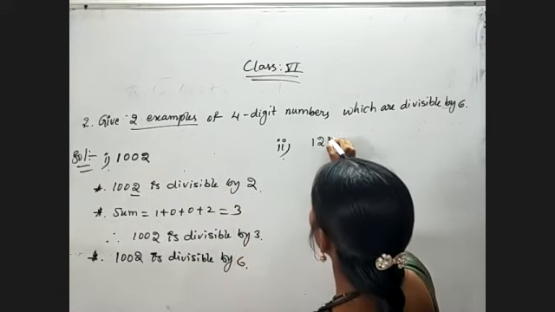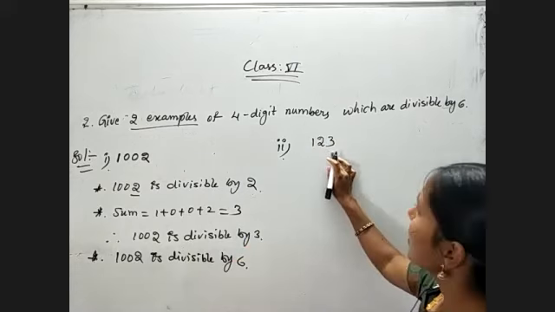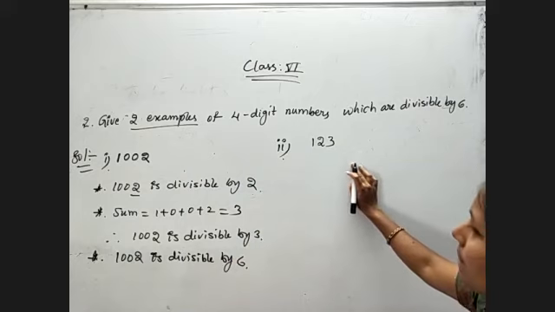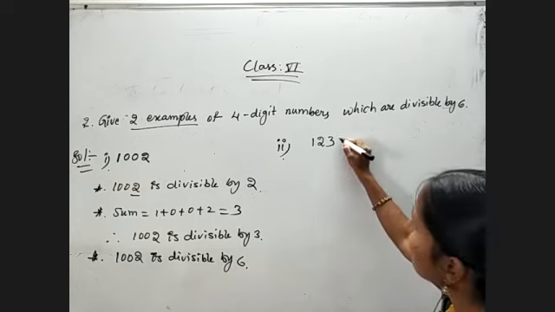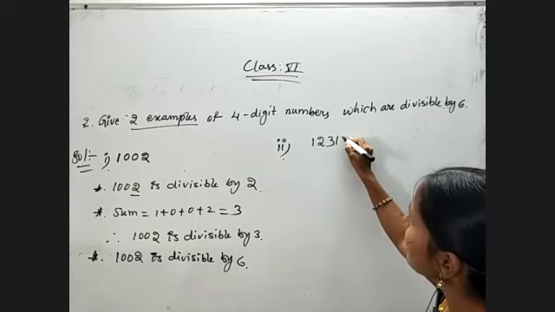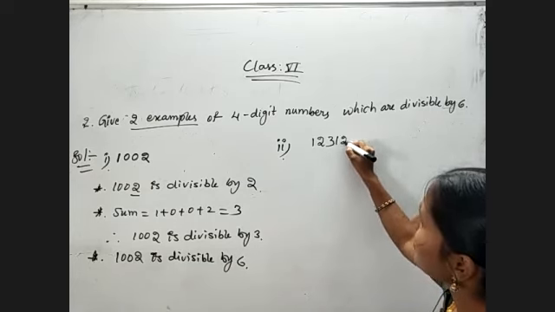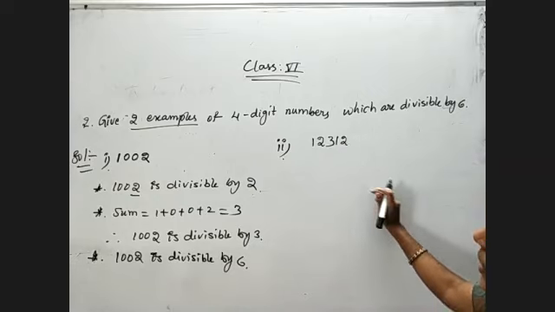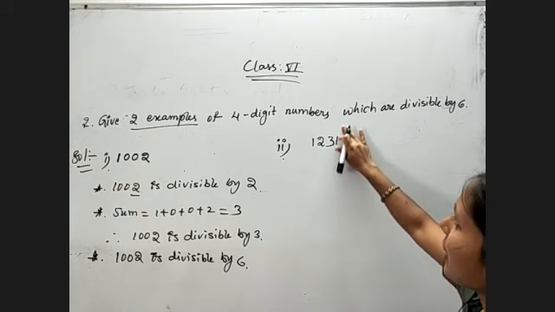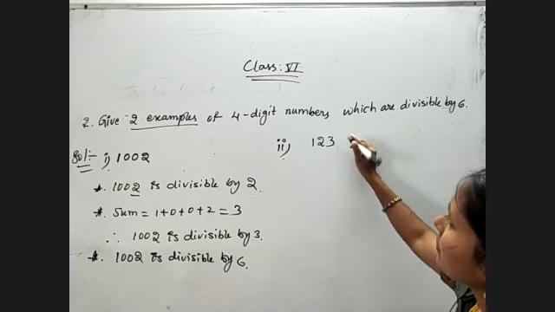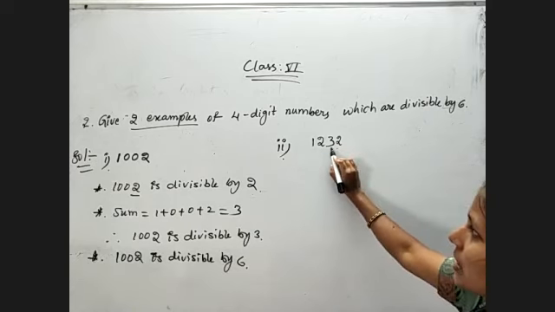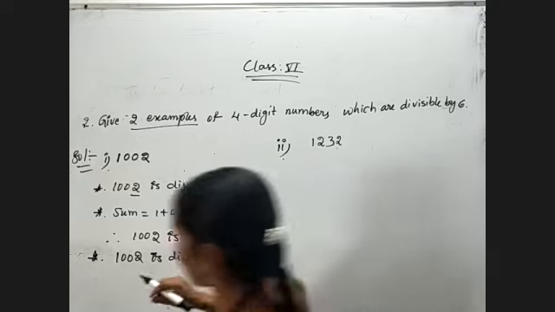1 plus 2 plus 3, 6. 6 plus 3, I will get 9. So 6 plus 1, 7, 7 plus 2, 9. Otherwise, 9 plus 4, 13, 9 plus 5. Sorry, 4 digits only we have to check.